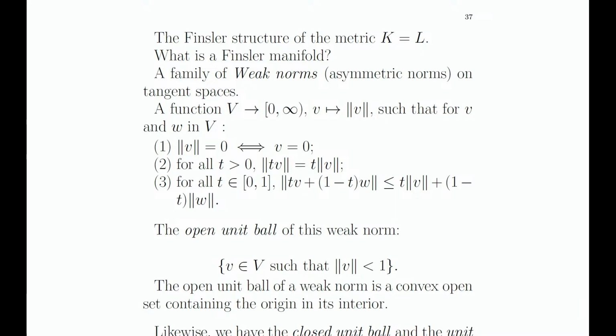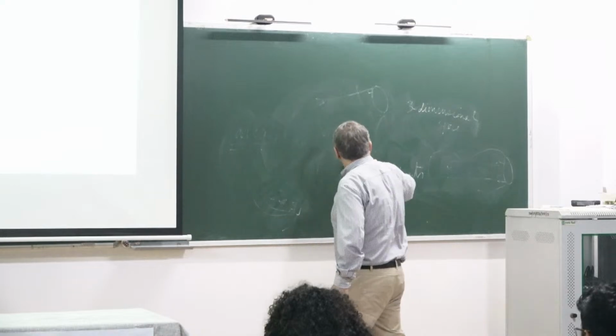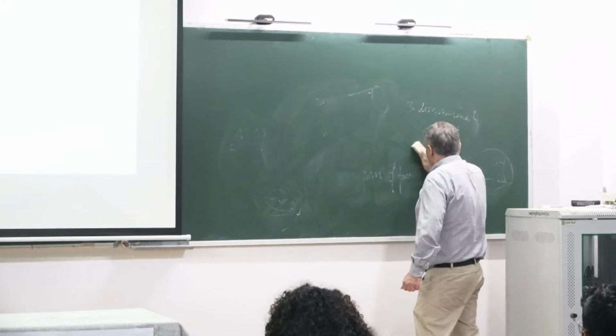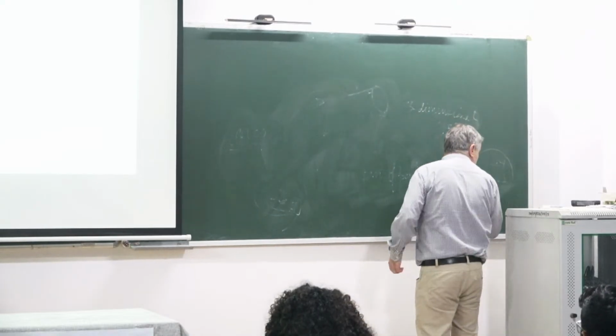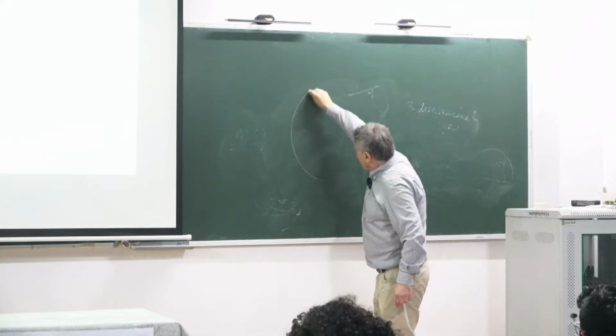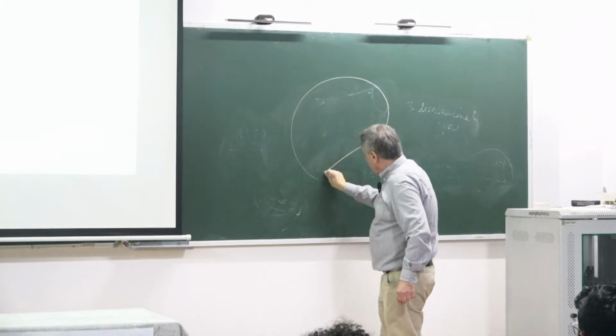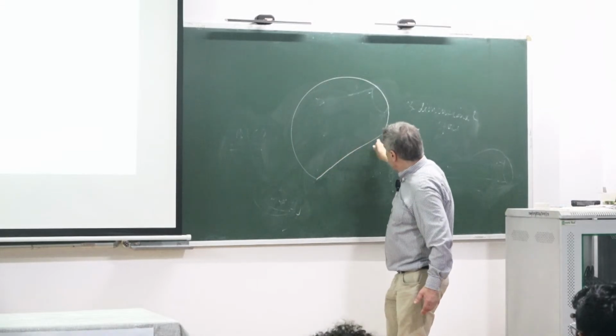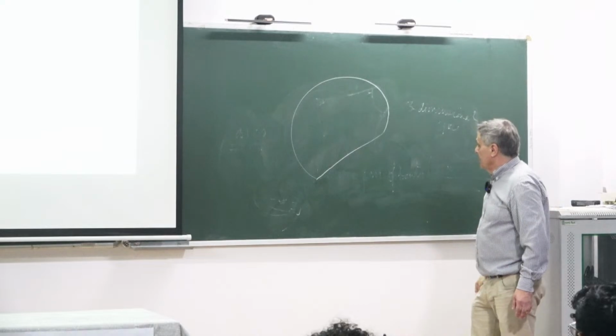One good example of a Finsler manifold is this: you take a convex set, and maybe it has some line on the boundary.